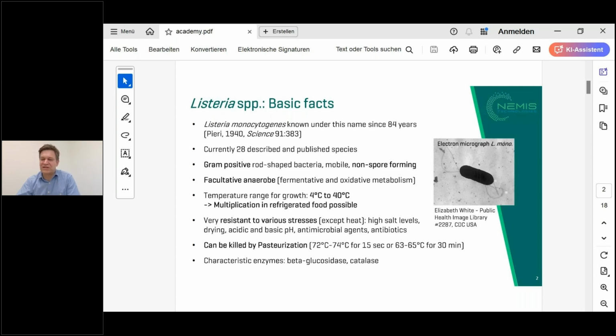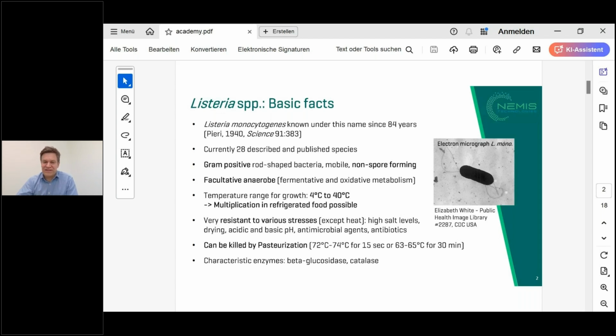At the moment, there are 28 different species of Listeria described and published. From time to time, new ones are discovered in nature and then described. I'll tell you later which are the most important with respect to food factories. Many of you probably know the names.